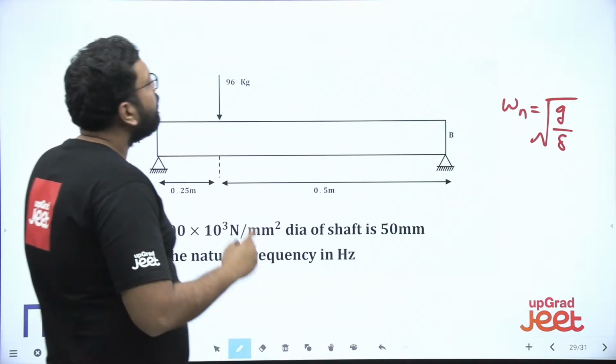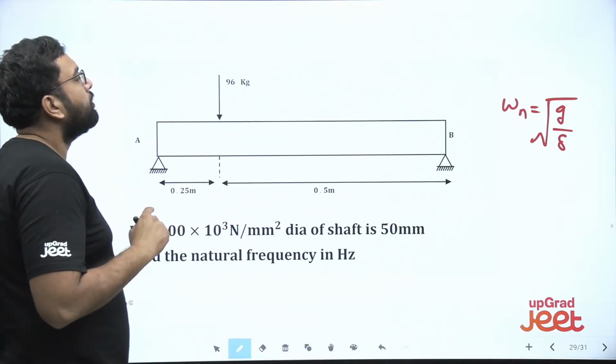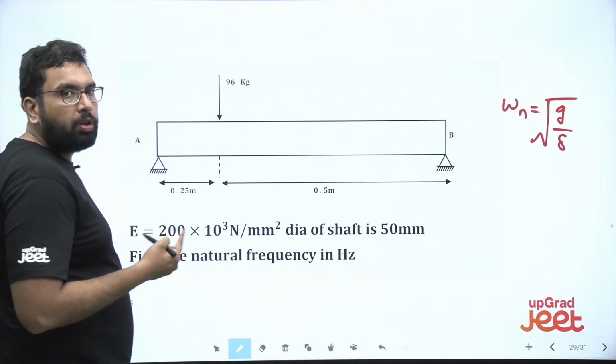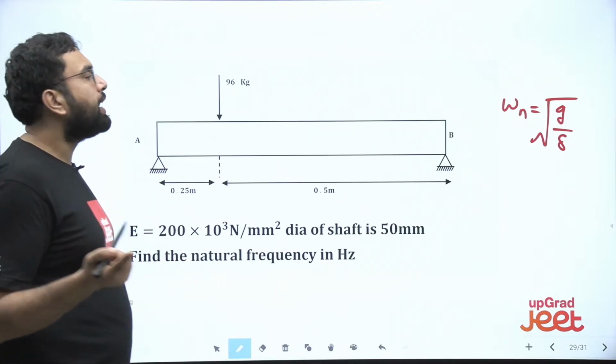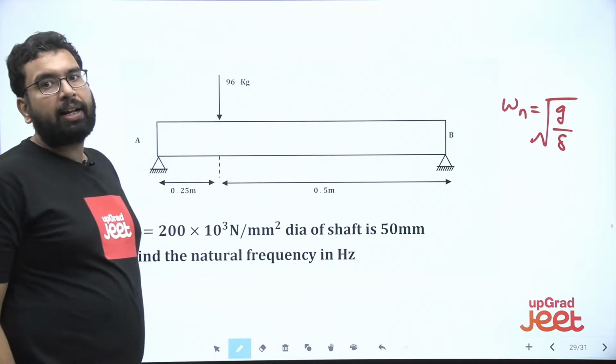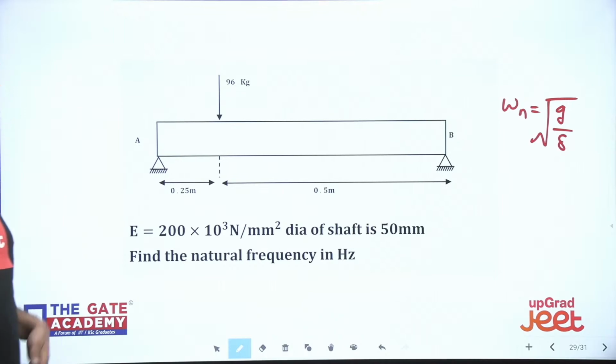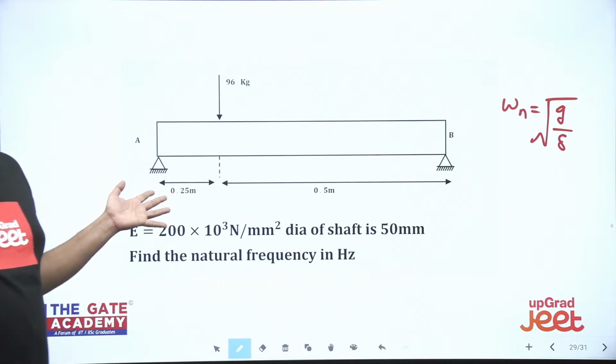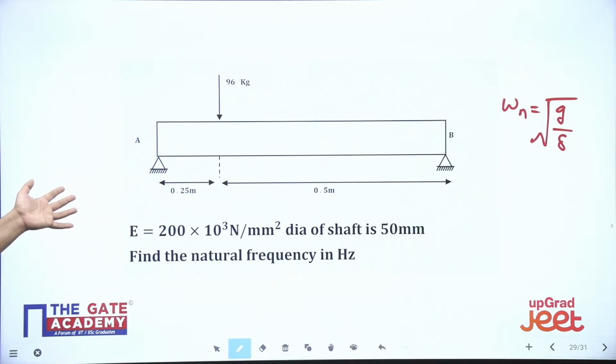For that, you will first have to find the static deflection. Why are we calling it static? If we are not doing anything, this is going to be the static diagram. You see this kind of problem in strength of material also. So what is the formula to find the deflection in this kind of case?